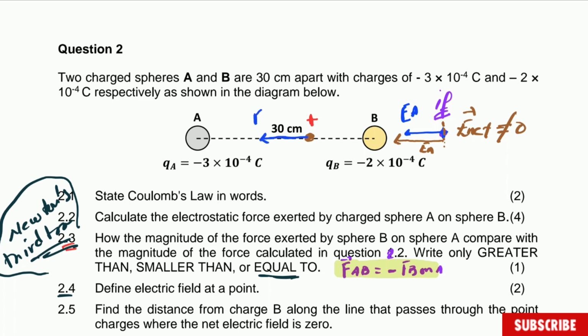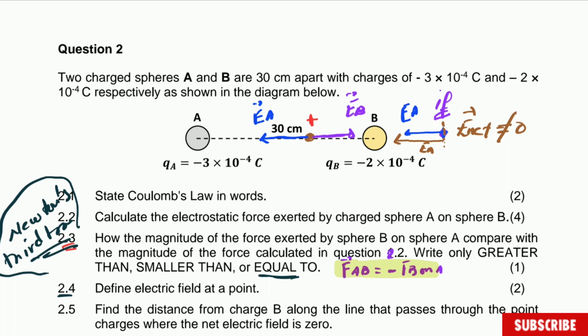This is the electric field due to charge A, but B is also going to be pulling because it's also negative. So that means, guys, that this point must be most definitely on the left side of B. It must be in between the charges.